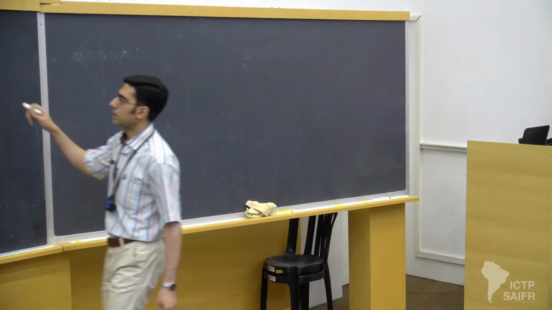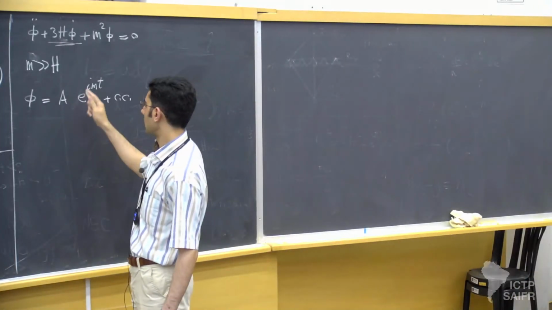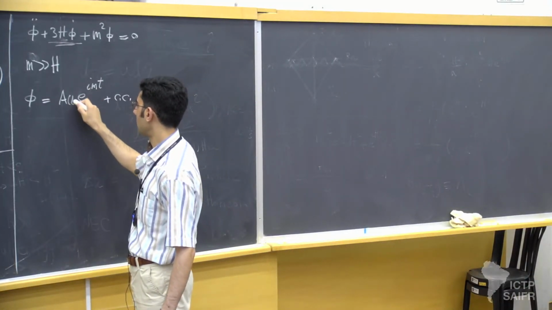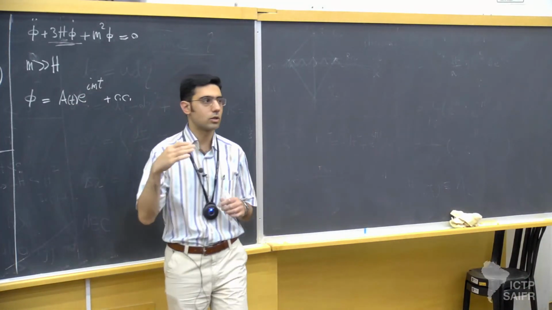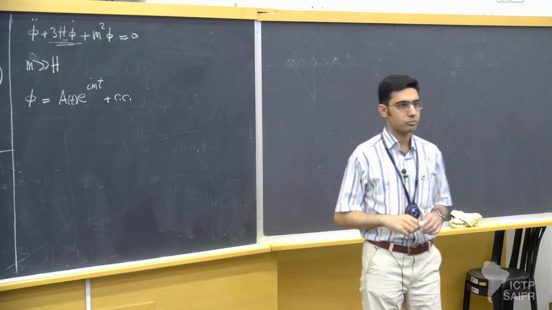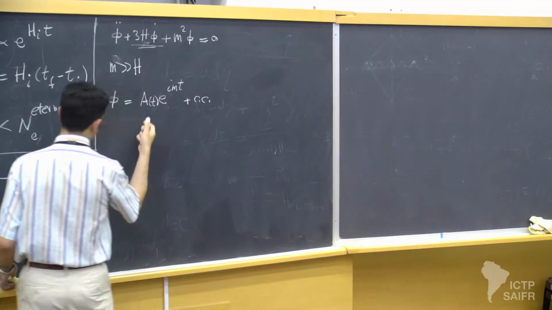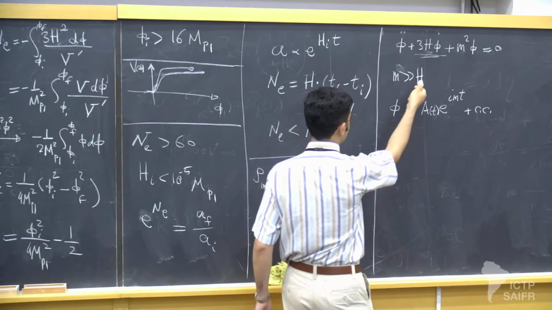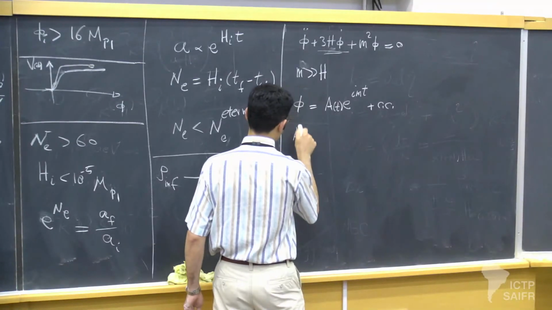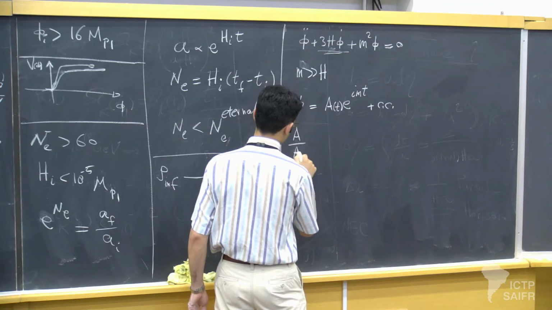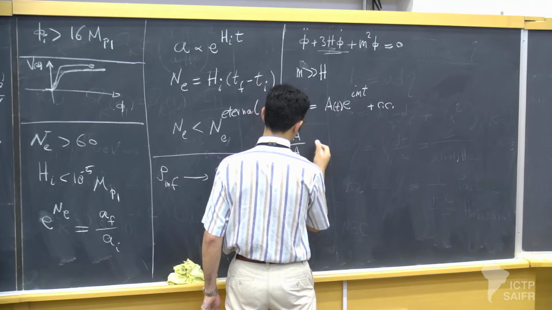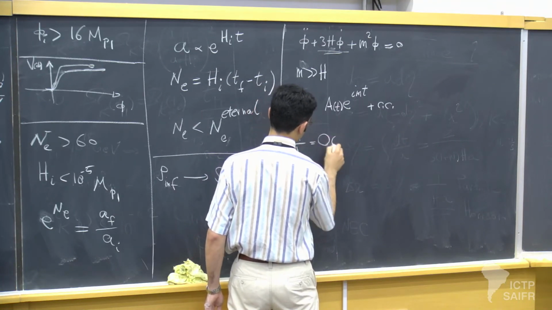Now that this term is here, this coefficient A will adiabatically, very slowly, change in time. The slowness of the time dependence is determined by H. If H was 0, it wouldn't change. So this should be order H.